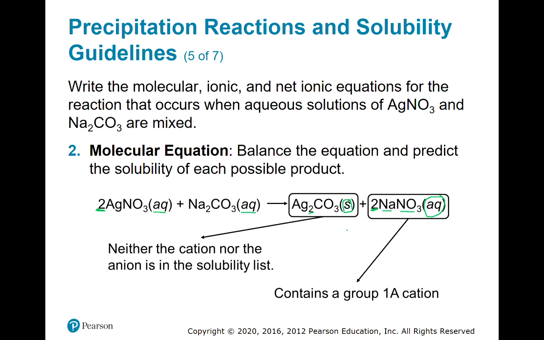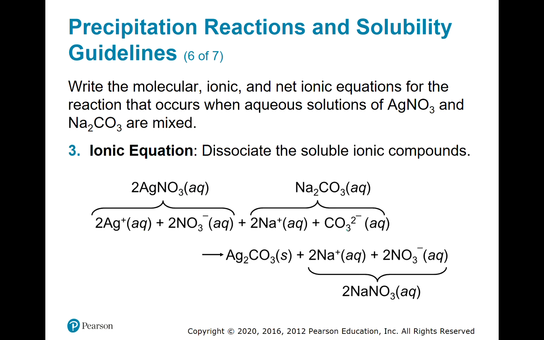Now that we have a balanced molecular equation with the states of matter, and those are important here, we're going to use those states of matter to help us decide, as we turn this from a molecular equation into a net ionic equation, which reactants and products should be dissociated and which ones should not be.